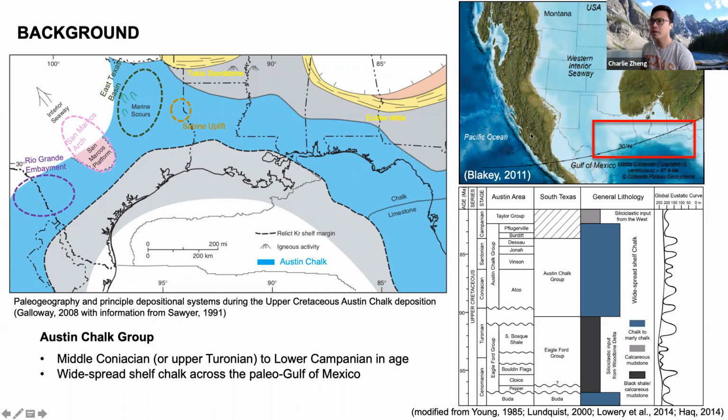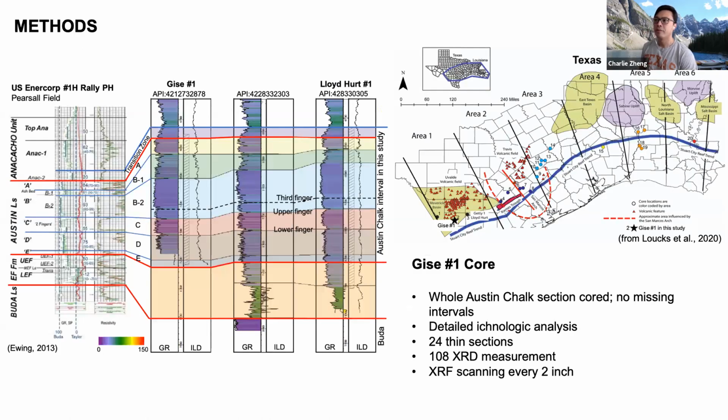Our data is based on the Geis core, which is compared to the type section that Bob Loucks and Lloyd Hurt worked out. The core records almost the complete Austin Chalk section, and also a little bit of the transition zone situated on top of the Austin Chalk.